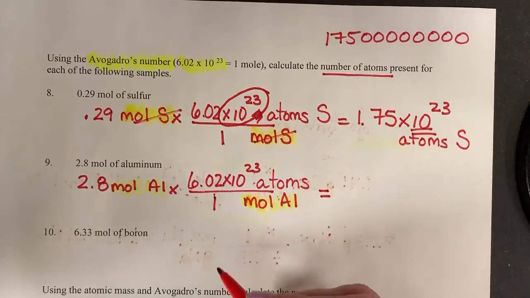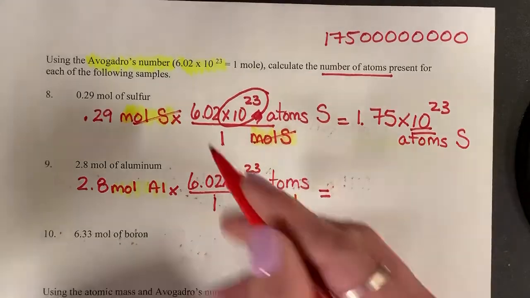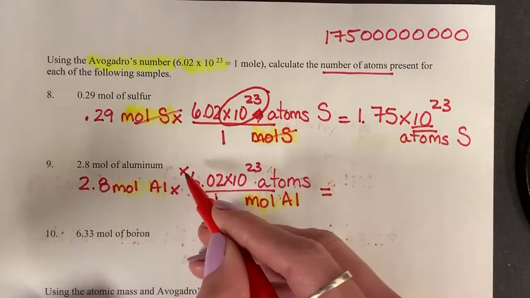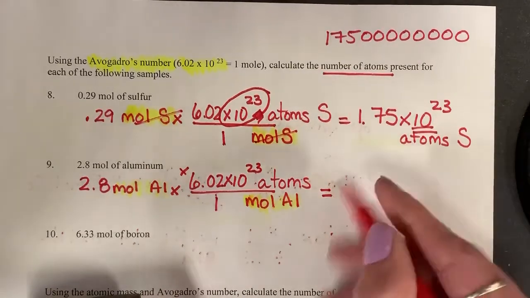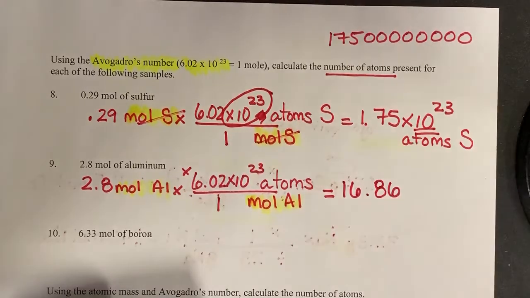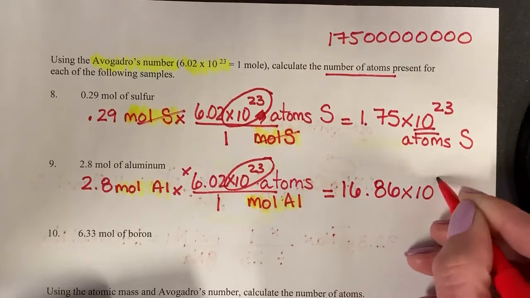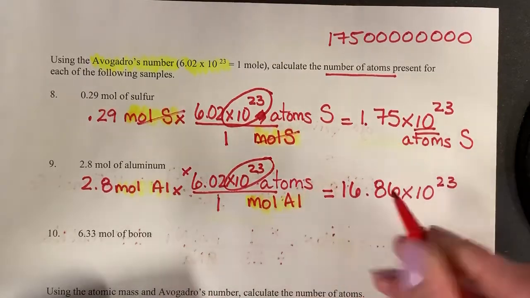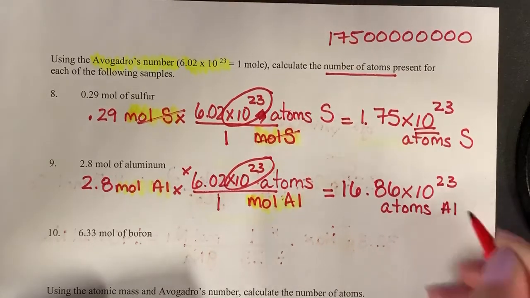So if I plug this into my calculator, I would have taken 2.8 times 6.02, which tells me 16.86. I don't forget times 10 to the 23rd, and these will be atoms of aluminum.